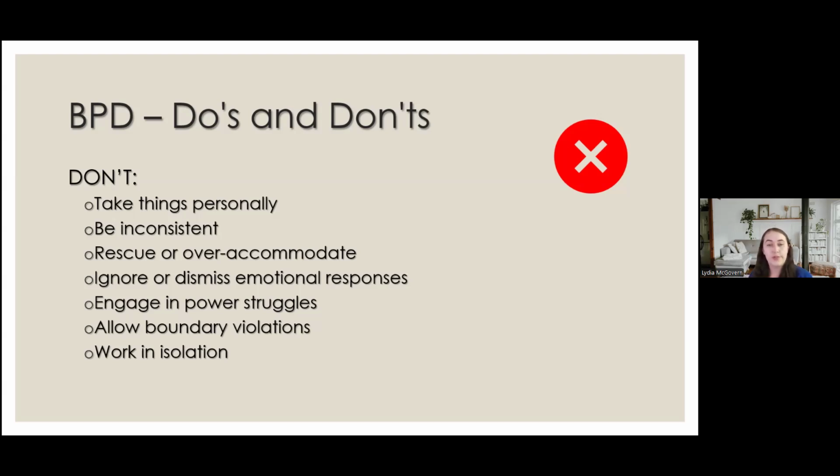Stay out of power struggles. Don't engage in power struggles. Stay collaborative and respectful, even if you're setting limits or addressing transference issues. Again, don't allow boundary violations, and don't work in isolation. Collaboration with the client's treatment team, your supervisor, the client's family when appropriate, and any other supports is crucial.